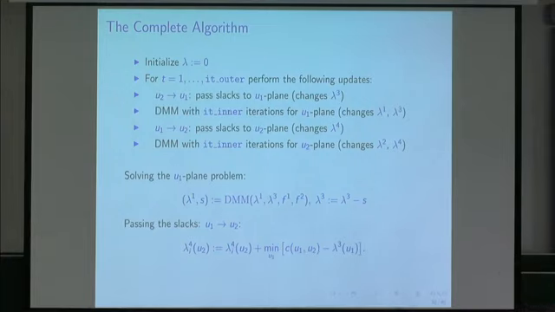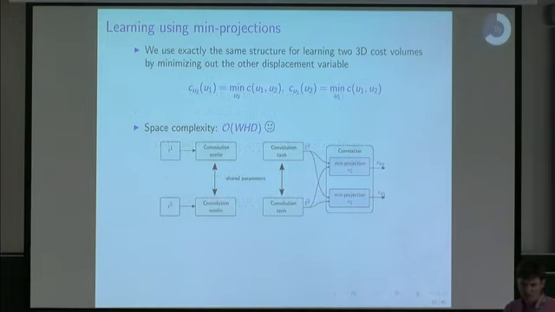So what about learning? Learning is really complicated in this case. Let us first consider the problem where we ignore the zero F. We just want to do learning with the convolutional neural network with the idea of predicting two 3D volumes. And in this case, we use a min projection.